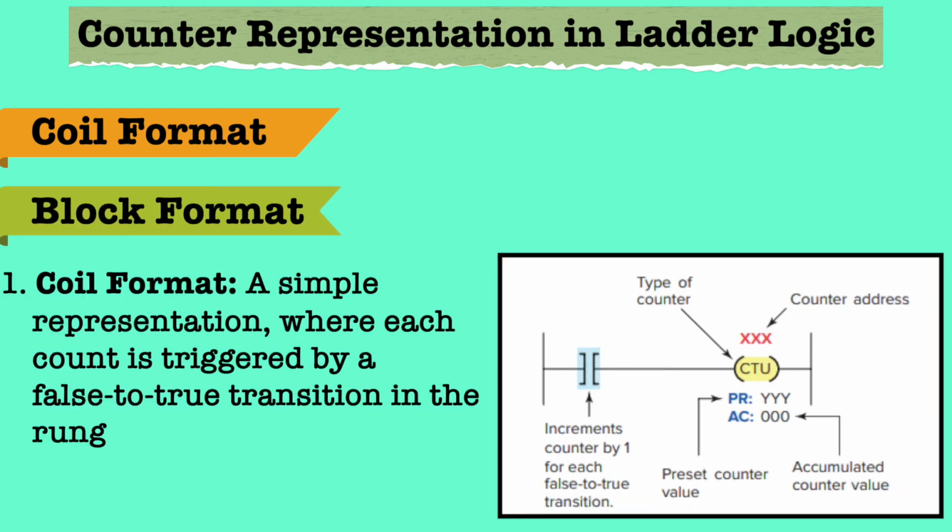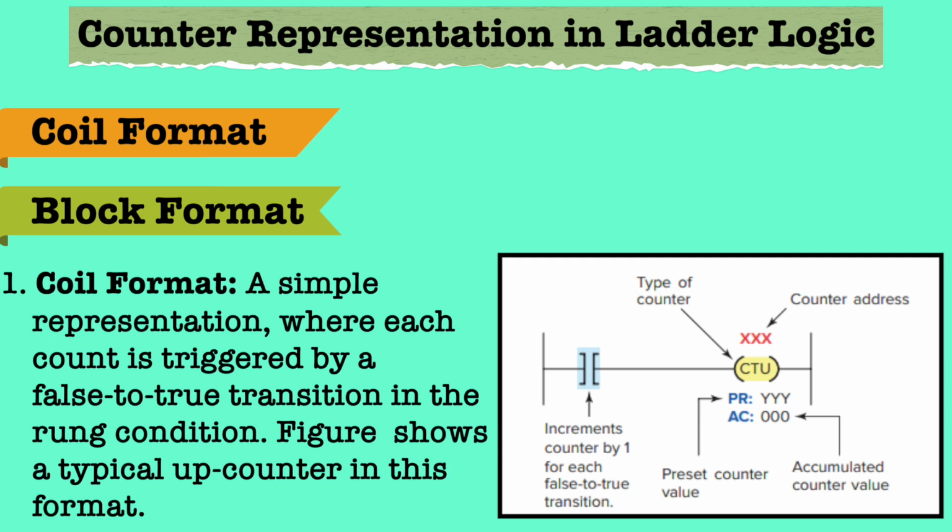In a coil format, it is a simple representation where each count is triggered by a false to true transition in the rung conditions, as you can see in the figure. Typically, up counters are shown in the figure. You can see PR represents the preset value and AC represents the accumulated counted value, and it is connected as an output in the ladder programming, right?